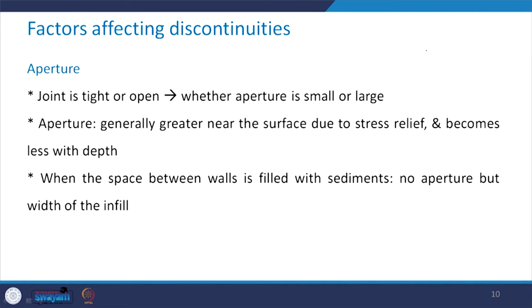If the joint is tight or open, that will decide whether the aperture is small or large.